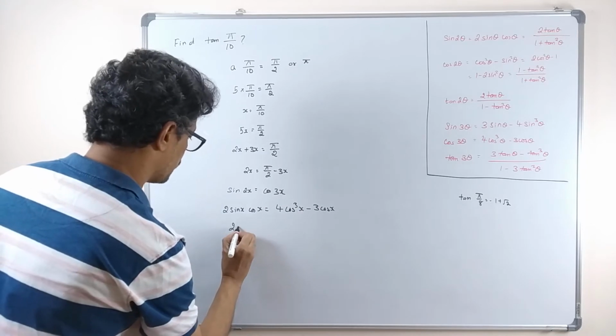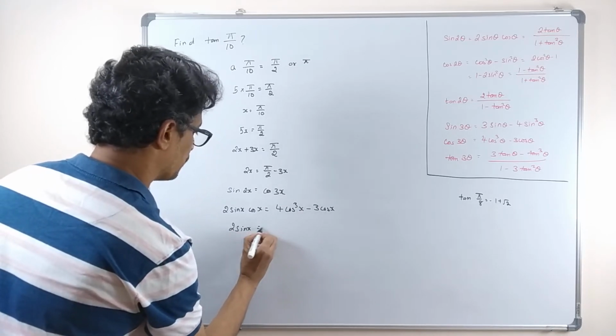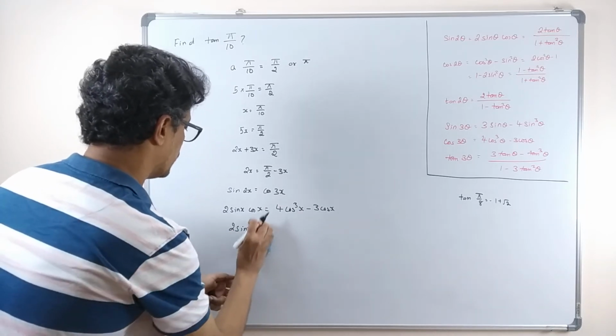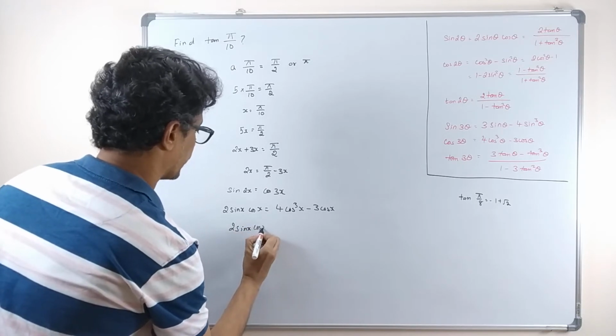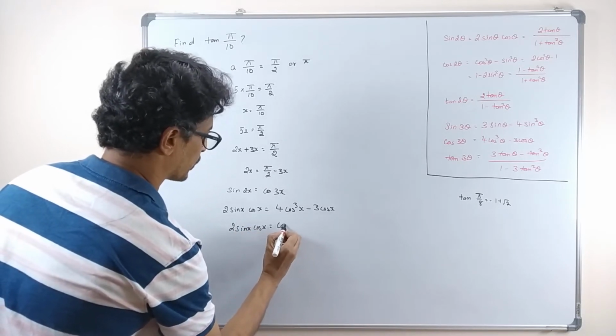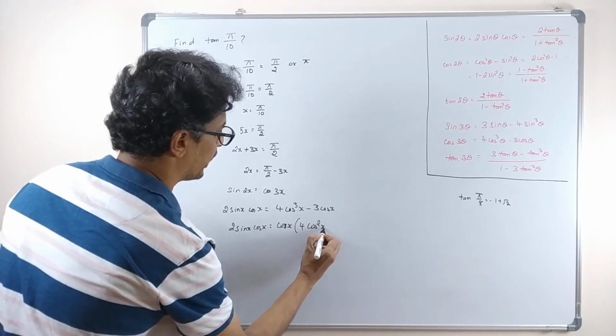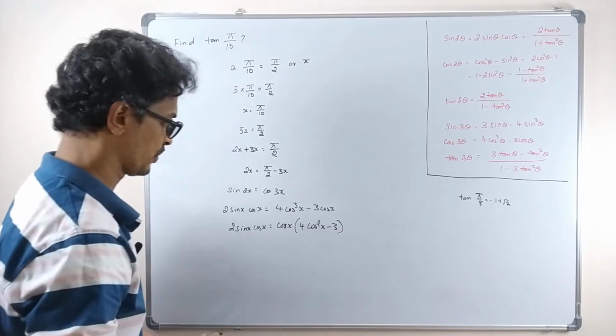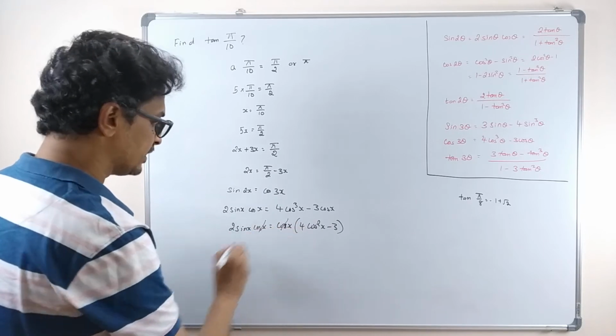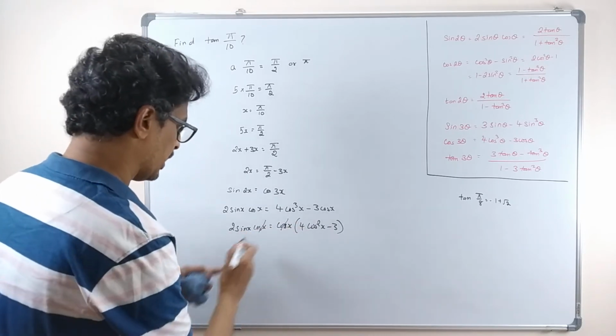So for 2 sine x equal to, take cos x outside, 4 cos square x minus 3. Cos x cancels. So what are you going to have?